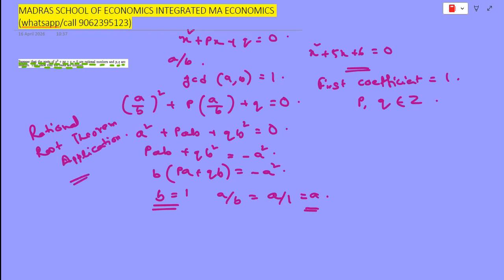Okay, and since the leading coefficient is equal to 1, any rational root p by q where p, q are co-prime must have q as a divisor of 1. Thus q equal to plus minus 1.